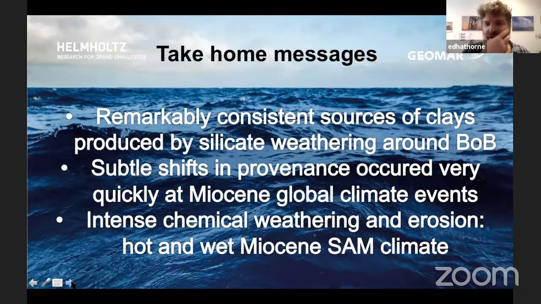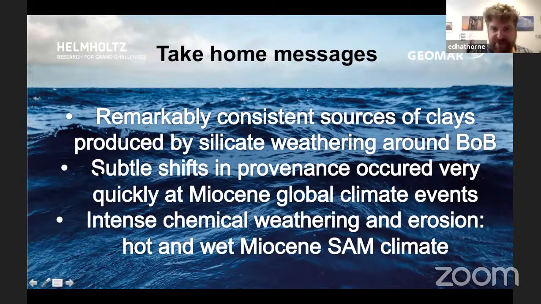Okay, so my take-home messages are that there was a remarkably consistent source of clays produced by silicate weathering around the Bay of Bengal. This is most likely because there are these basins that are filled with Himalayan eroded material, and this is where the rainfall is most intense today, and it was likely that this was producing the silicate weathering since the mid-Miocene.